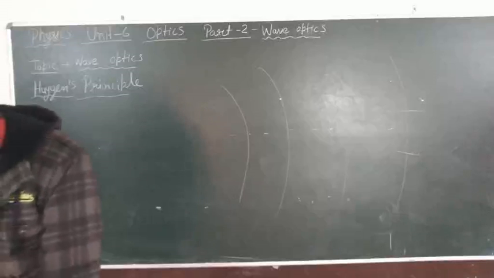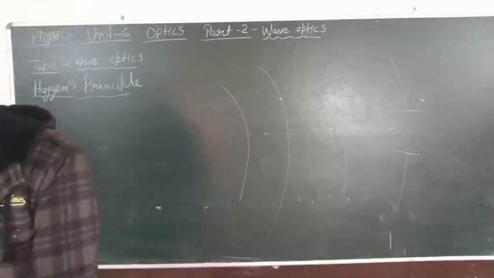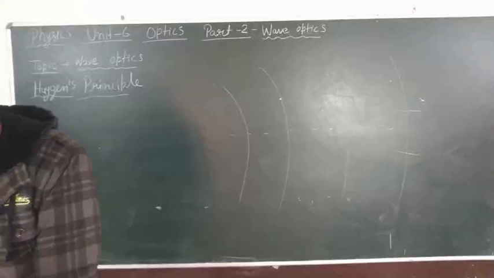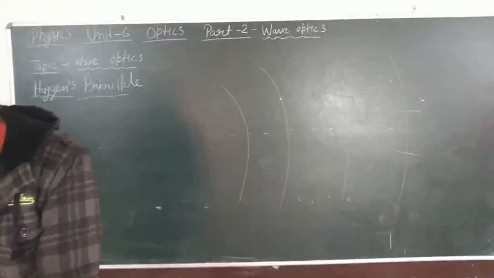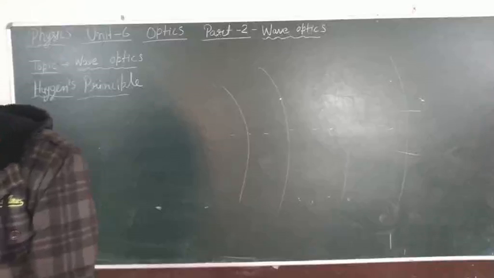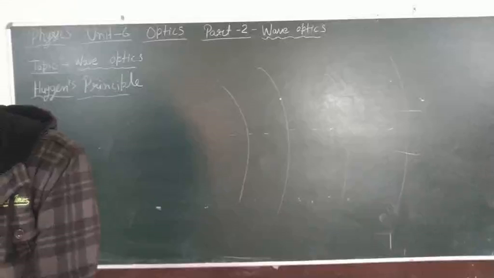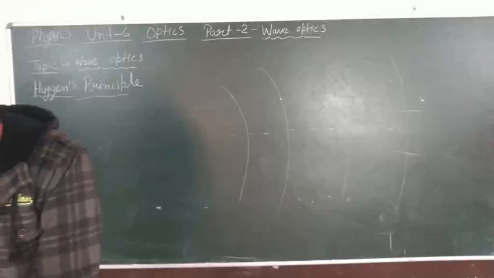Okay, and the second postulate is: the shape or position of the wavefront at any later instant is given by the forward envelope of the secondary wavelets, that is, the surface tangential to all the secondary wavelets at that instant.